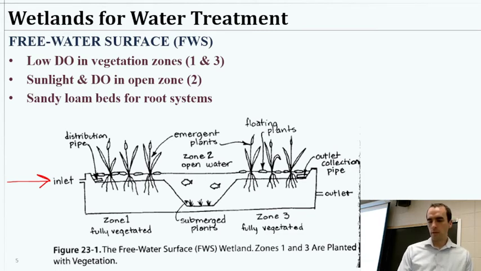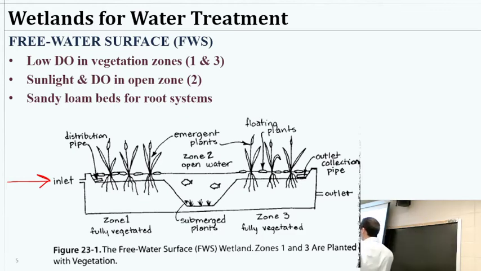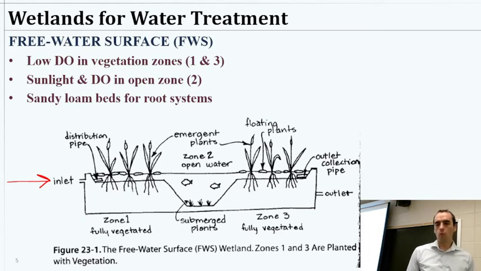Pretty standard. You just want one zone that's vegetated, one zone that's open water, and then another vegetated zone. What you want to use for the soil, by the way, is something like a sandy loam type of soil that has lots of porosity, is easy for plants to grow into, and is not going to be just straight up thick mud, right?